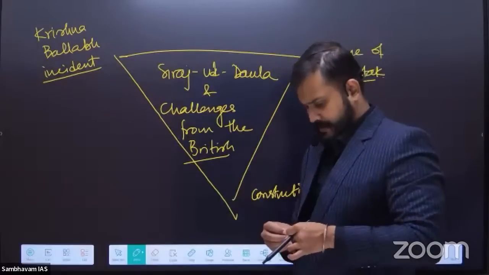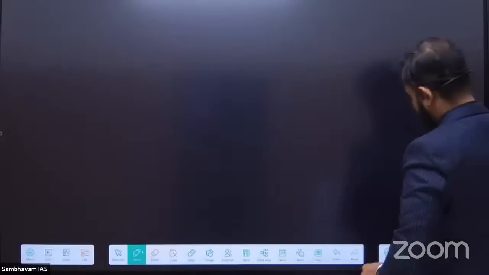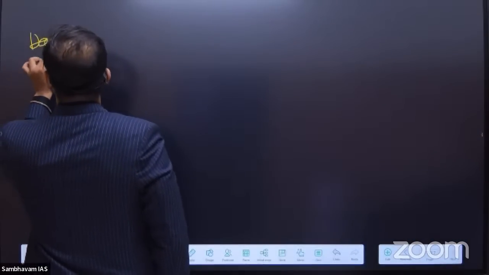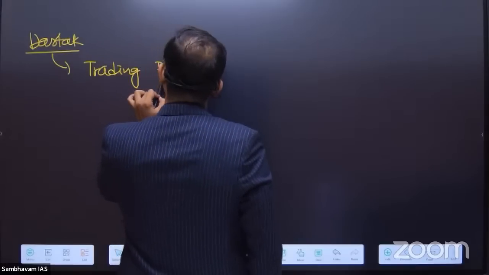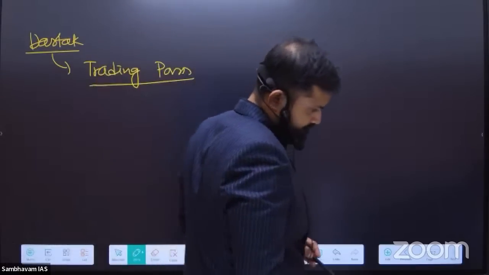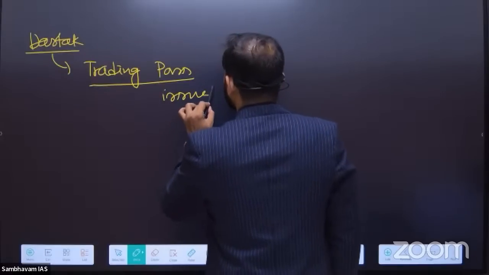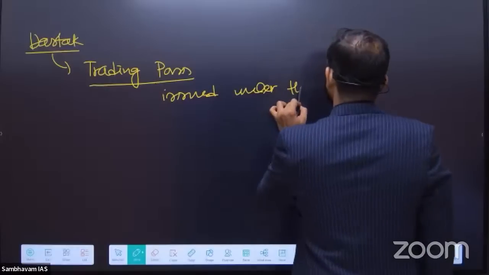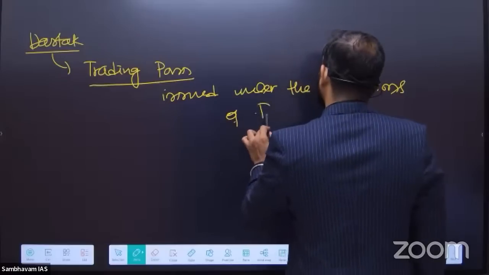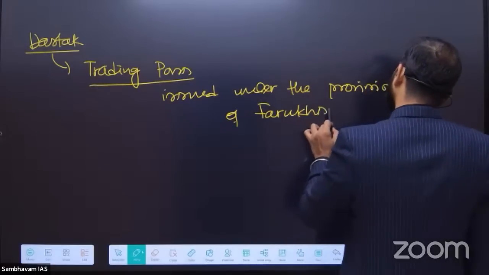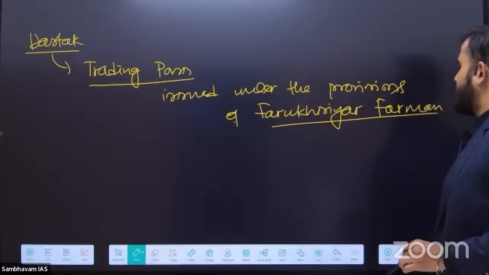Write down. Dastak refers to a trading pass that was issued under the provisions of Farrukhsiyar's Farman. This point was asked in your prelims.